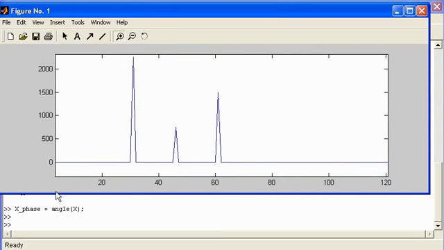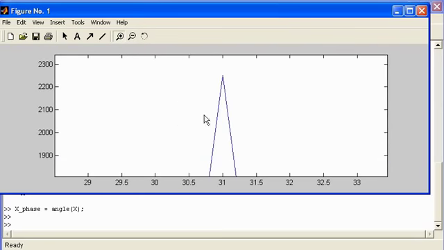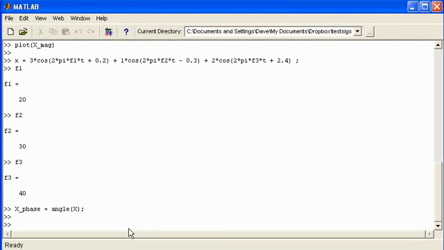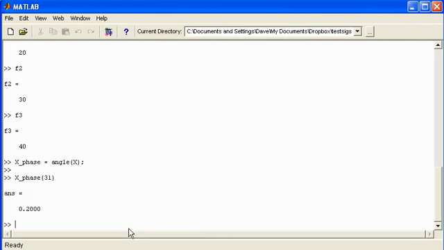What I want to find is the phase values of each of these bins. I'll zoom in on this one to find out the bin number. The bin number of that one is 31. Let's get the corresponding phase of that. I just need to type x phase 31, and we get a value of 0.2.